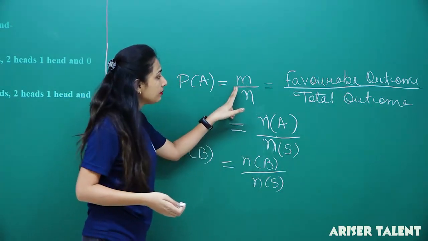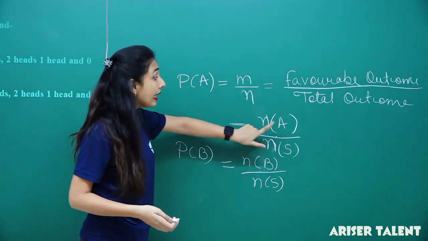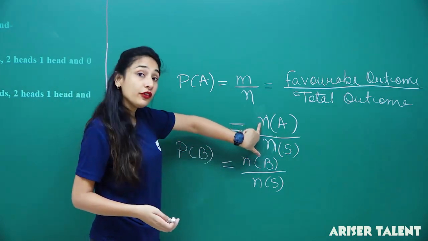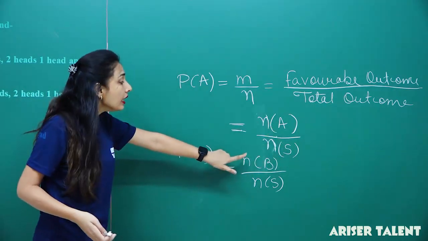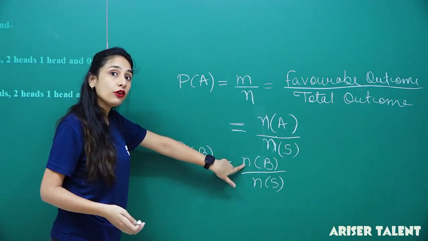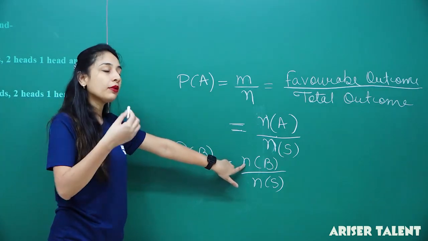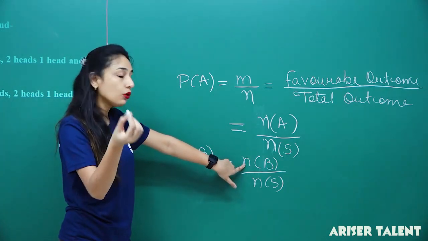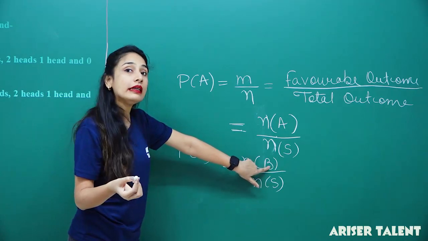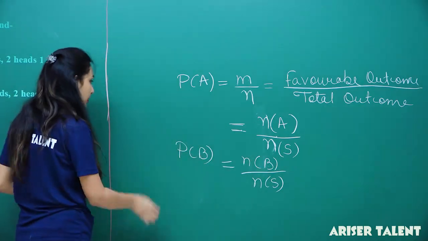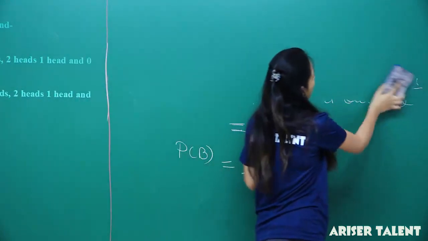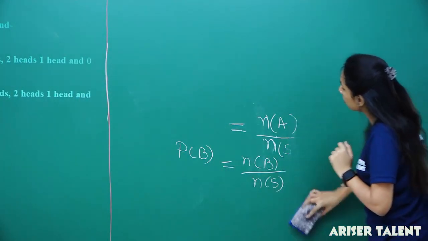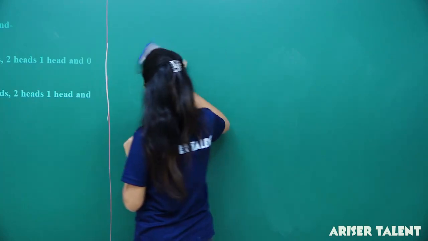So we will describe it as n(A), that is the number of favorable outcomes of occurring event A. Similarly, here n(B) is the number of favorable outcomes of event B occurring. So note this. This is the method that we are going to use to solve our questions, right, students?